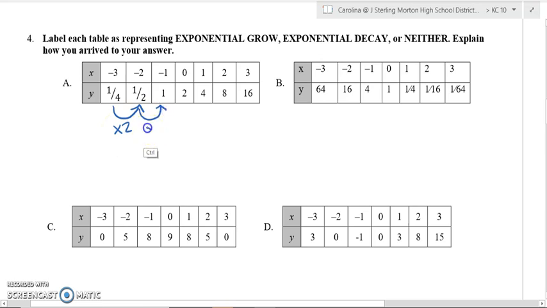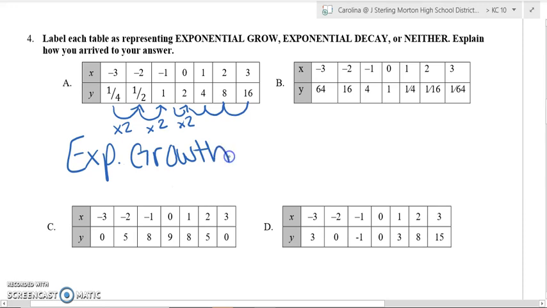Half times 2 would give you 1. 1 times 2 would give you 2. 2 times 2 is 4. 4 times 2 is 8. 8 times 2 is 16. So in this case, since I'm multiplying by 2 and it's growing, it's going to be exponential growth because you're multiplying by 2.